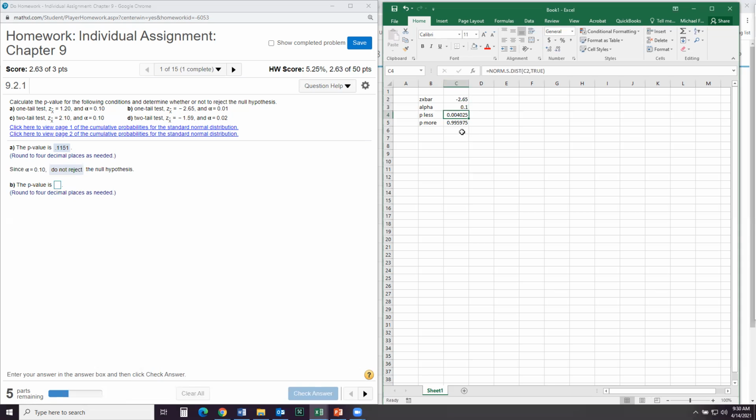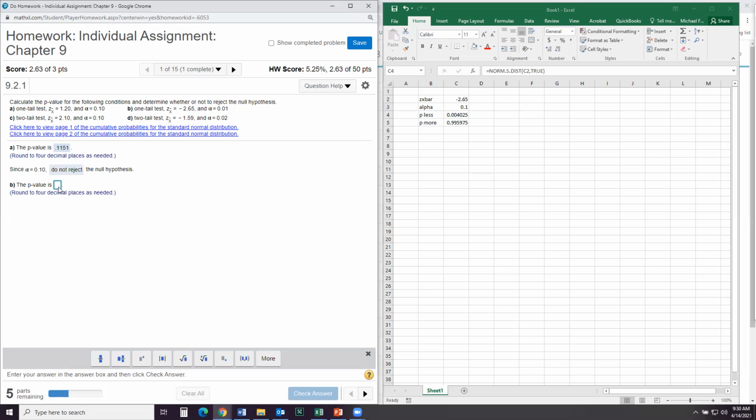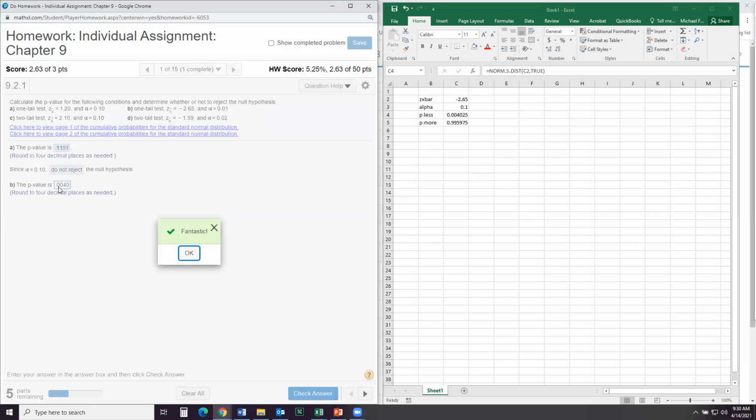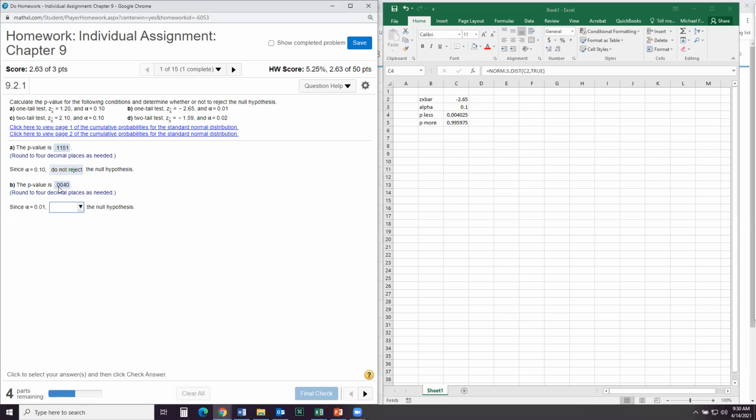The probability that it's further away from the mean than my z of x bar is pretty tiny. It's 0.0040. In this case, my p-value is less than alpha, so we're going to reject the null hypothesis.